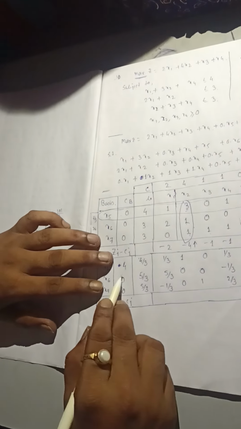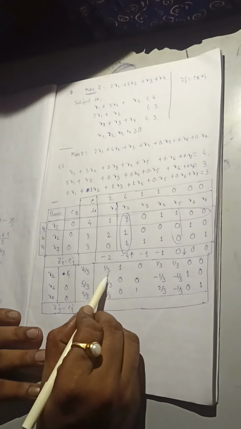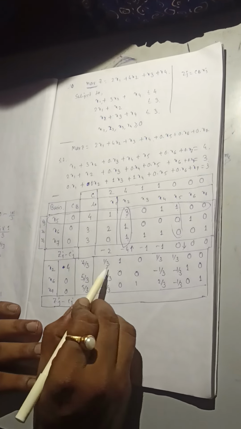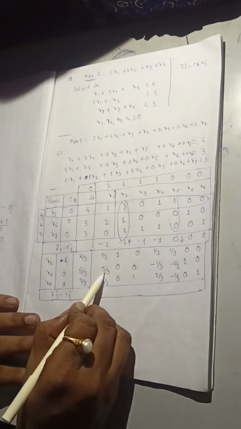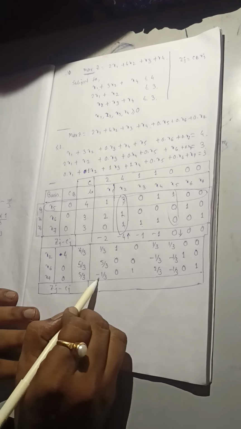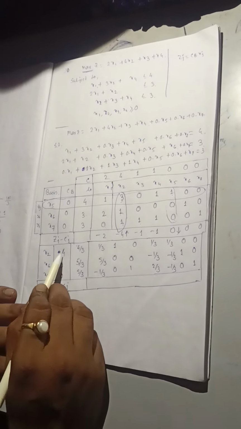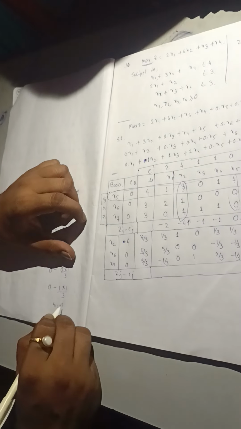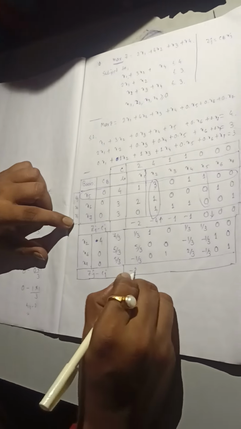So you can understand that the dot product means component-wise multiplication. So 4 must be multiplied by 1 by 3. So it will become 4 by 3 plus 0 into 5 by 3, that is 0, plus 0 into minus 1 by 3 is 0. So simply it will become 4 by 3 minus 2.